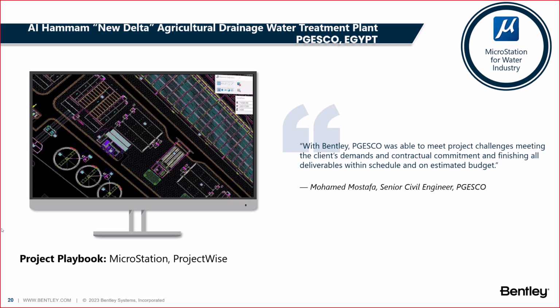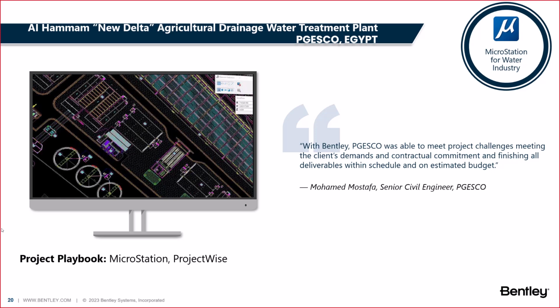Okay, Edu, thank you. Well, this is the Al-Haman New Delta agricultural drainage water treatment plant made by Resco in Egypt. Resco was contracted to build an agricultural drainage water treatment plant, one of the world's largest of its type, south of Al-Haman.